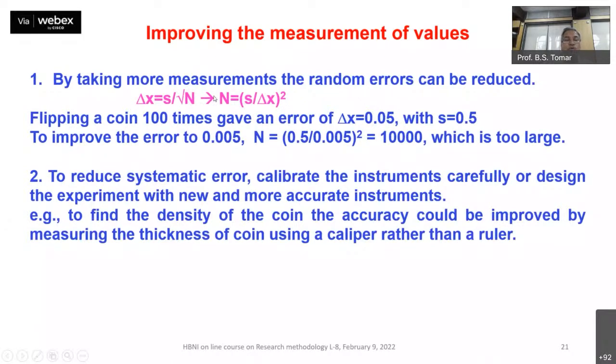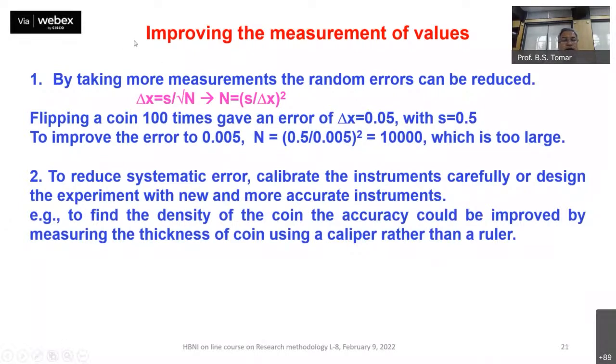So n equals (s upon delta x) squared. Suppose you recall that experiment on flipping a coin 100 times, and you got the delta x as 0.05 with a standard deviation of 0.5. So you got 0.46 plus minus 0.05.